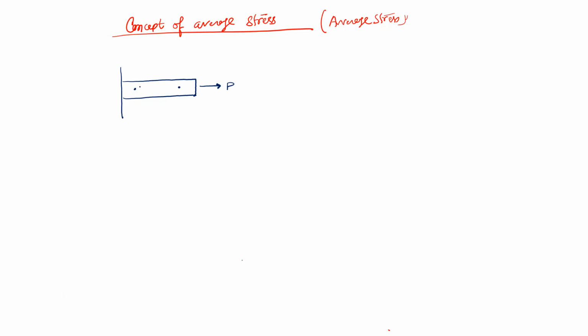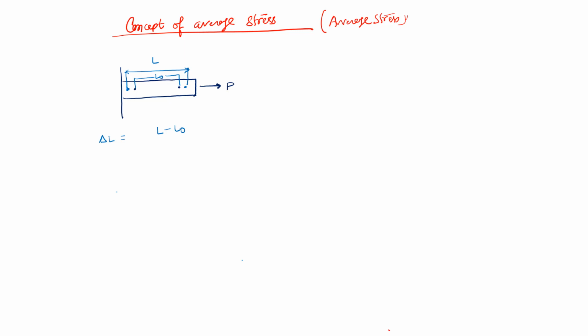So this is the initial length. Now after application of some force, what happens? This is the new length. Suppose this is L, and initially the length was L naught. So what is the change in length? It is L minus L naught.